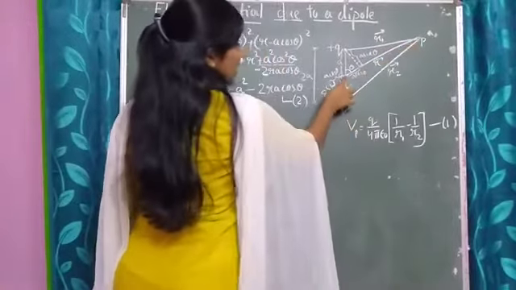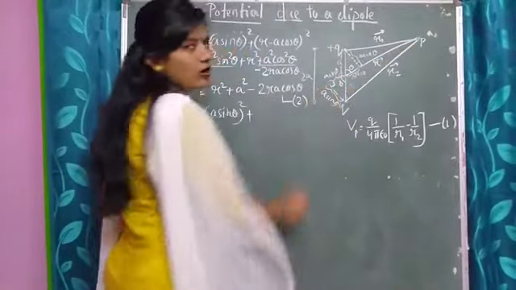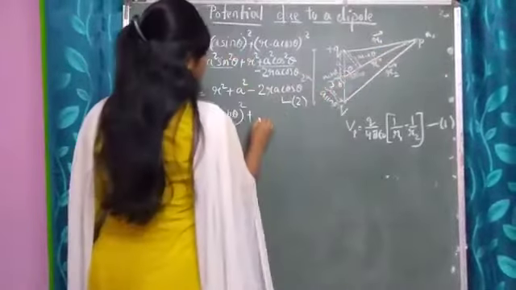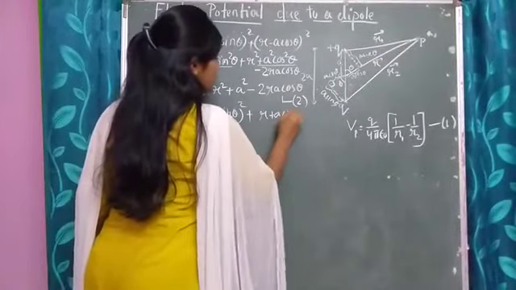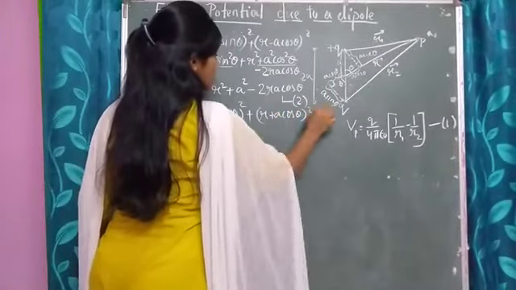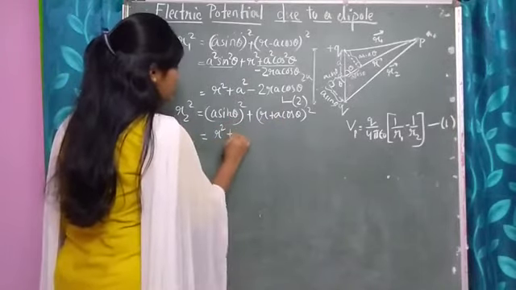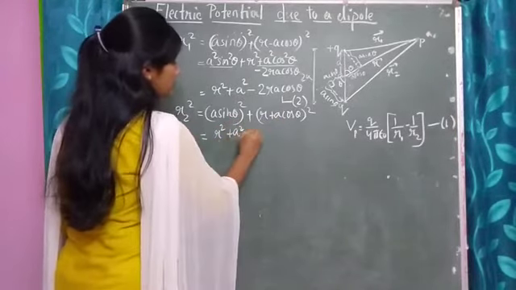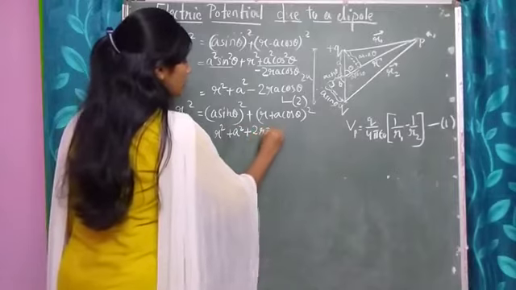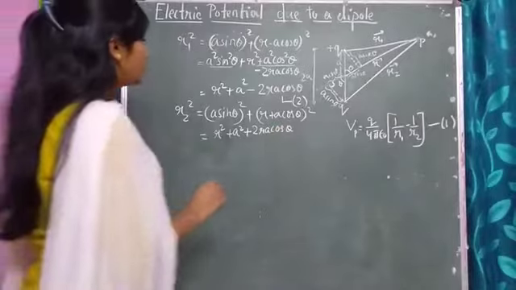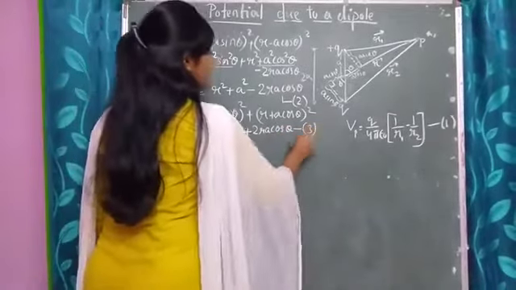This total is r and this one is a cos theta, so r plus a cos theta. If I solve this, obviously it will be r square plus a square plus 2ra cos theta. So let it be equation 3.